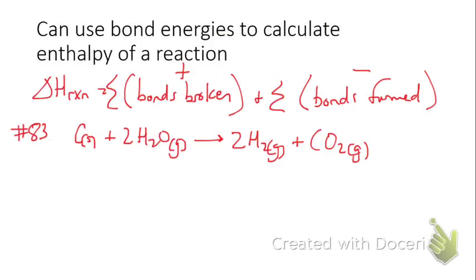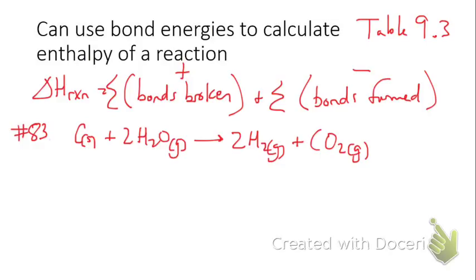The bonds formed are going to be negative. The bonds broken are going to be positive. How do we know the energy within a bond? It is in table 9.3. You will not have to memorize it. If there's a question like this on an exam or a quiz, I will give you all the information you needed like I did before.